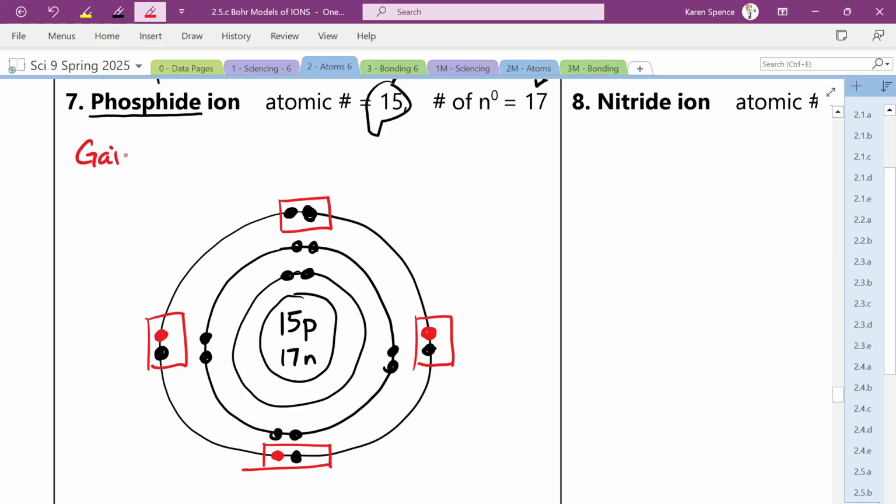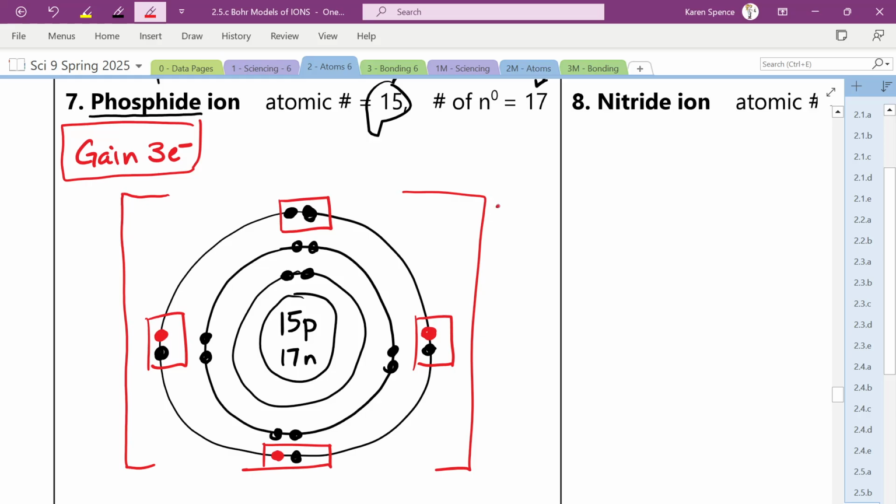So we gain 3 electrons. The other way to find the charge, you could add up all the electrons and compare it with the protons, or you can say, I gained 3 negative things. That means the charge is going to be 3 negative. So I can put my square brackets, and I can put 3 negative.